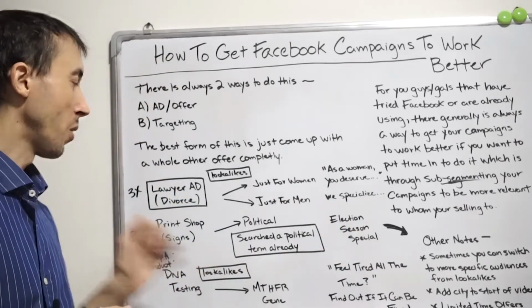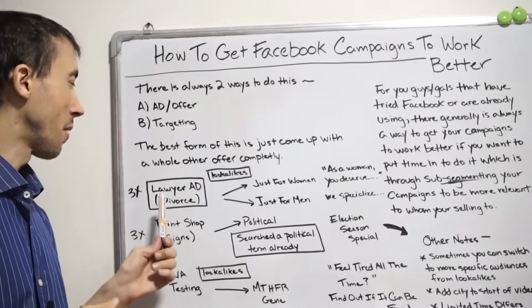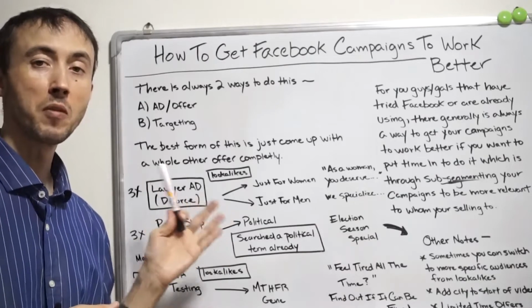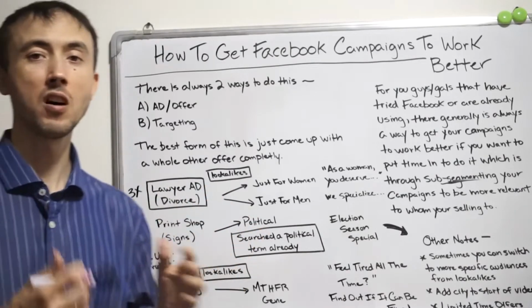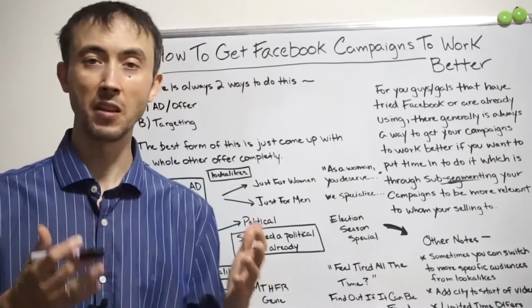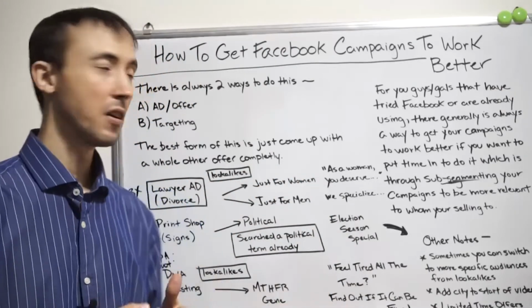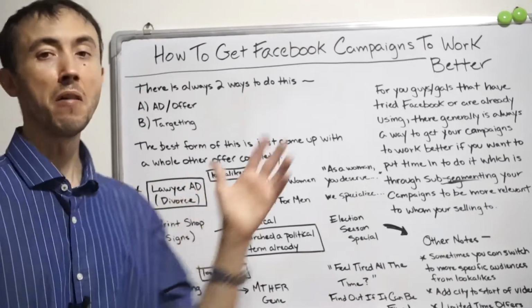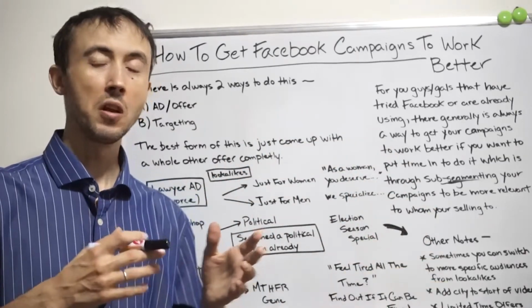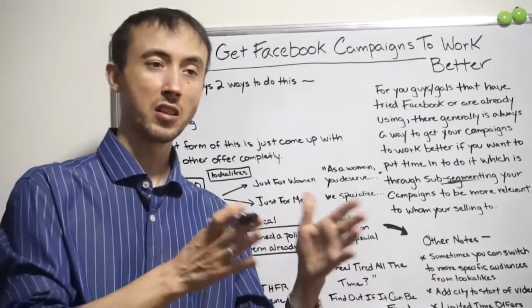So there's somebody in the legal space, specifically divorce law, where we have done this sub-segmenting. And this can be an example of what you do for your own stuff: sub-segmenting male versus female, where you don't even have to come up with an offer for a customer type.